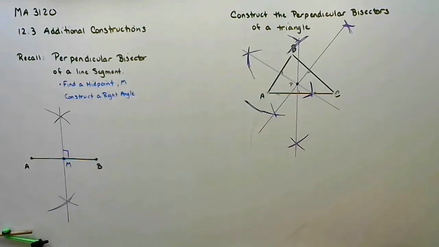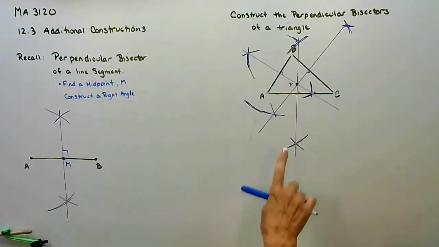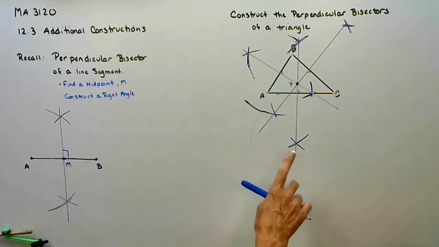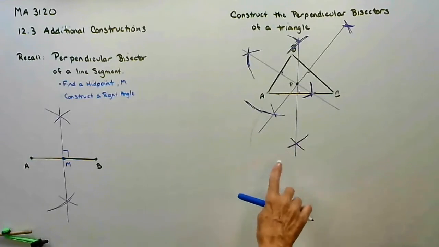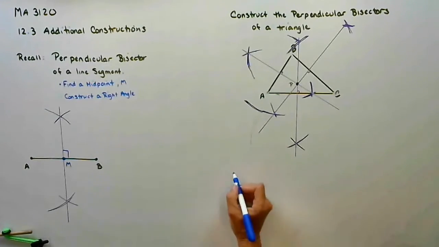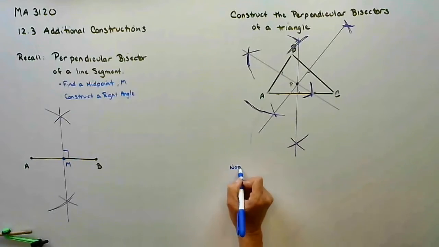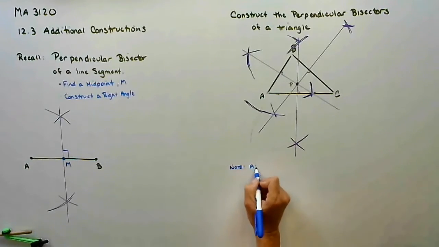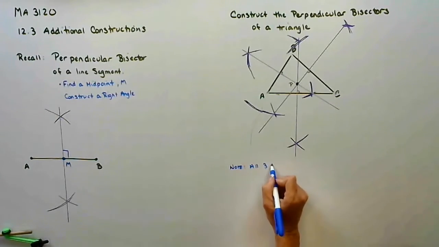So let's make some observations. If I make a note of what we may have noticed, what do we notice? Well, all three perpendicular bisectors intersect inside the triangle again.